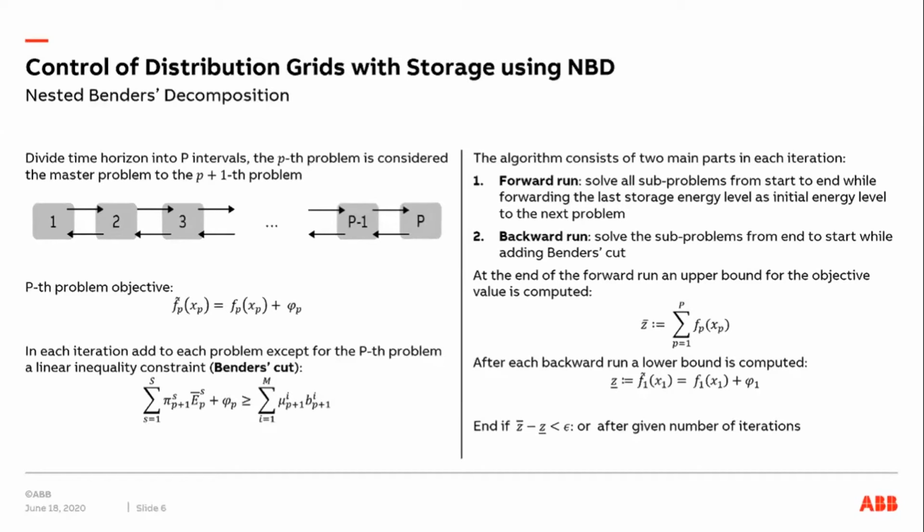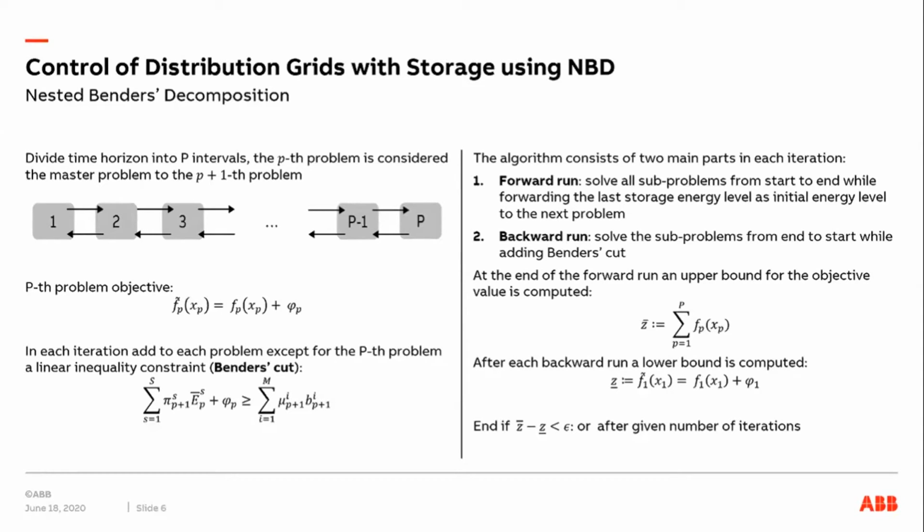By applying the recursion, this results in a chain of P optimization problems, as shown in this picture, where the objective function of the P problem is the local objective function of the P problem plus the future cost phi P. The future cost is all the costs from the problem P to the end of the chain.